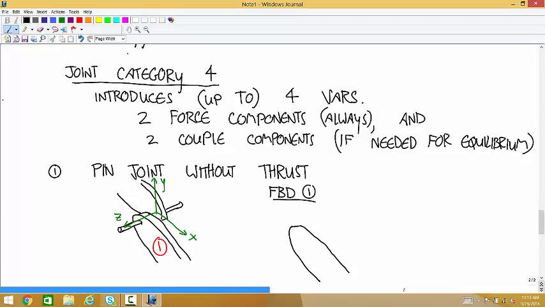Looks like this. There is an x direction force component. There's a y direction force component. So I'll call this force on 1 by 2 x.